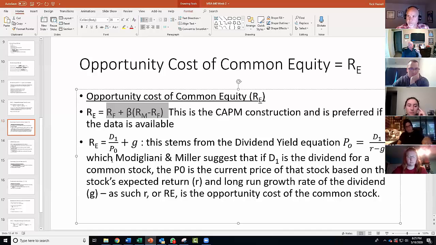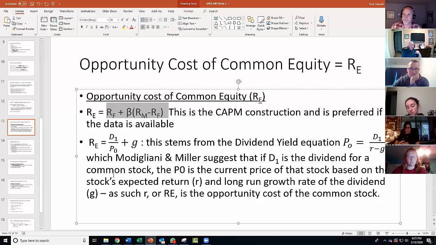There literally is no good third best. Although I guess you could say simply taking the dividend that a common stock pays and dividing it by its market price would give you a rate, and that rate would be a return on the common stock based upon the dividend, but it's incomplete because it's only based on the dividend, and most companies don't pay dividends.